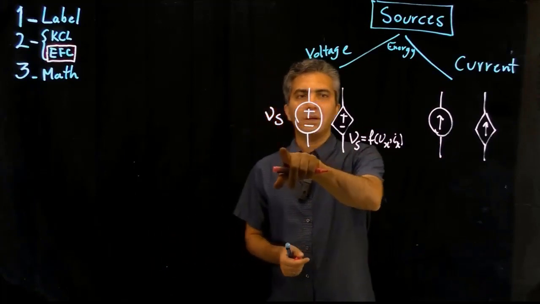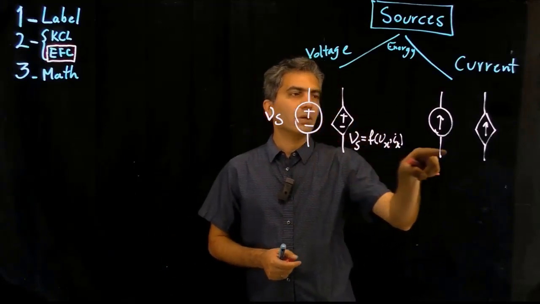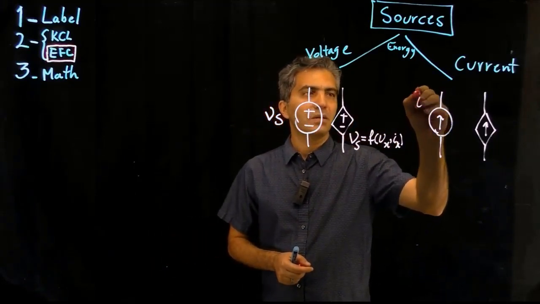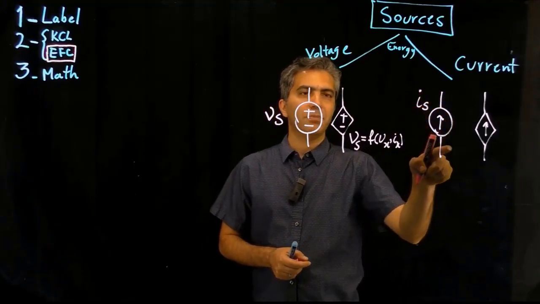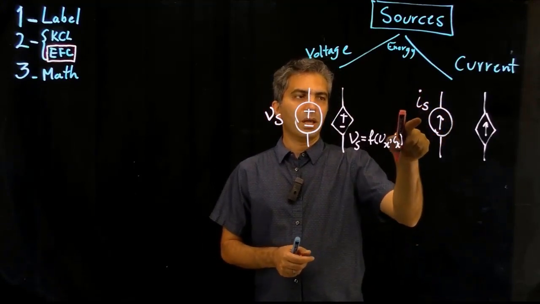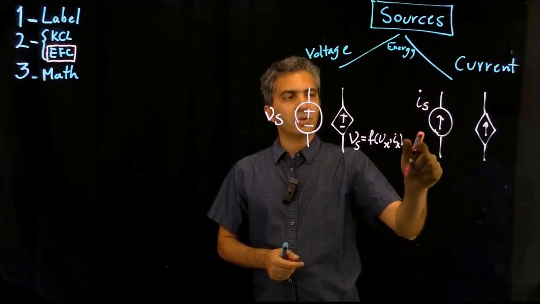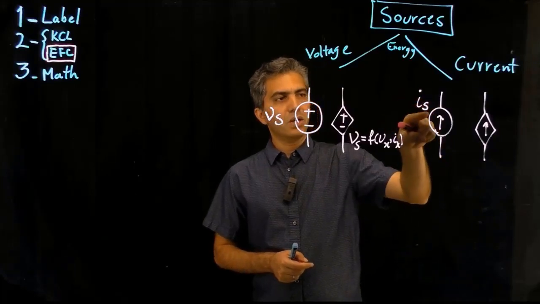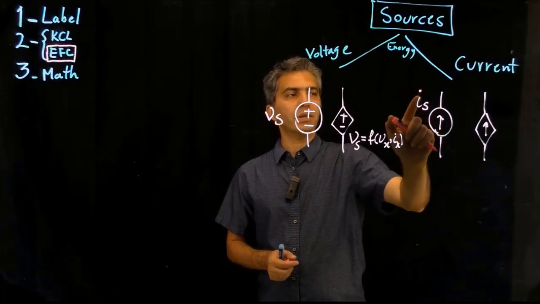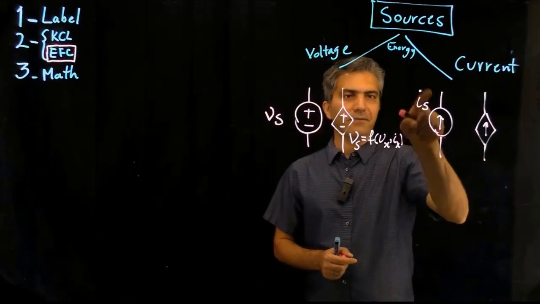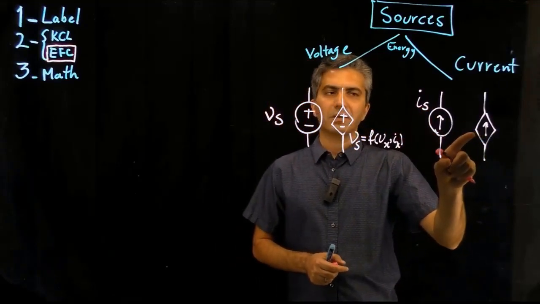With the same kind of approach, we have the independent current sources, where again this source has a known current passing through it, and that value is not a function of anything in the circuit.